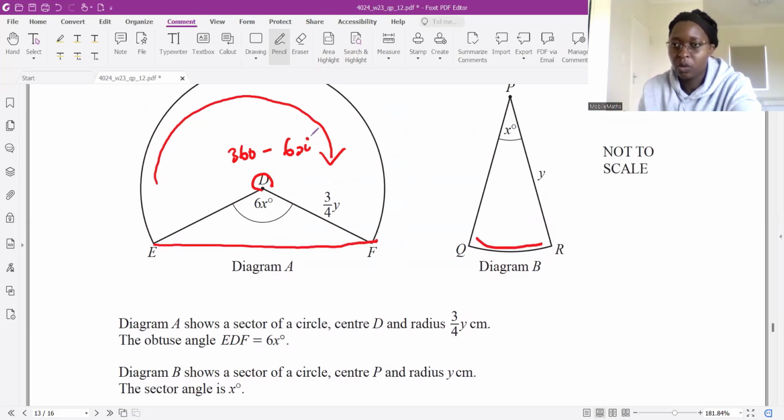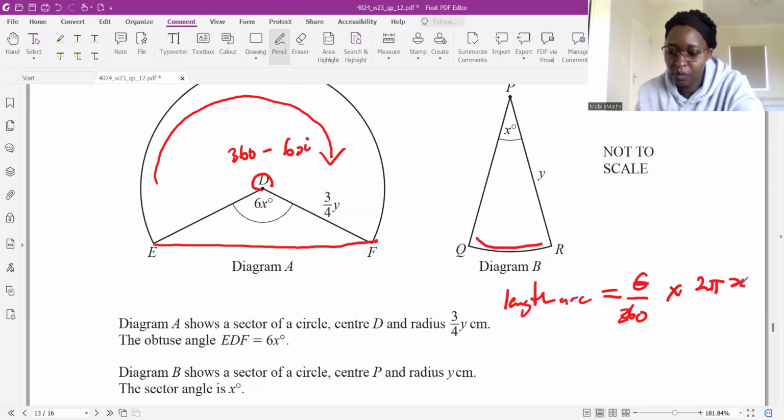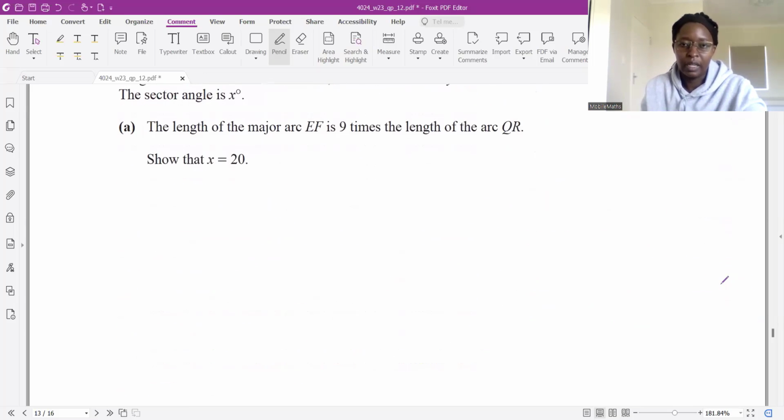So the length of an arc, in this case, we can say 2 pi y. Let's find the arc length.